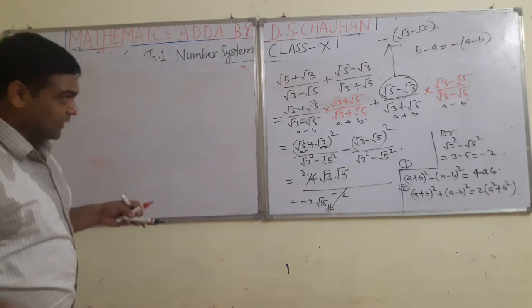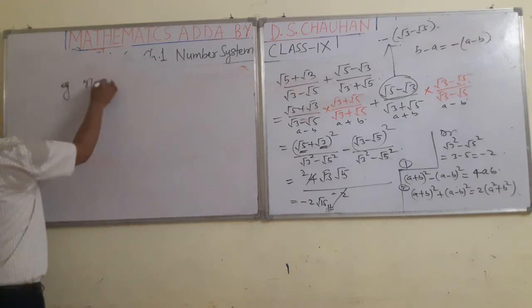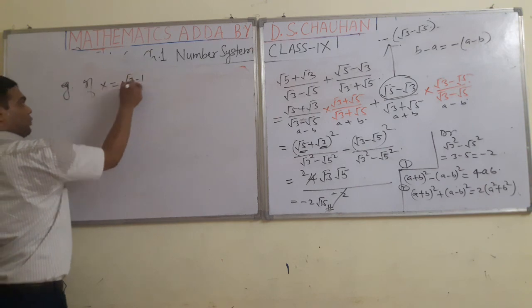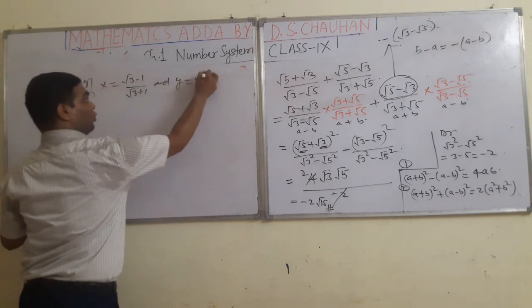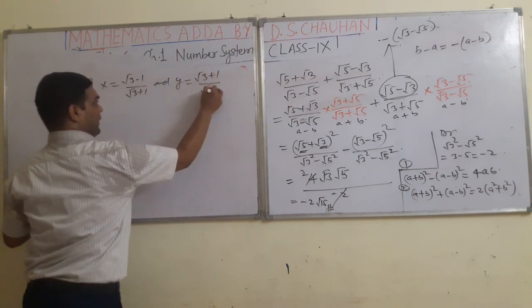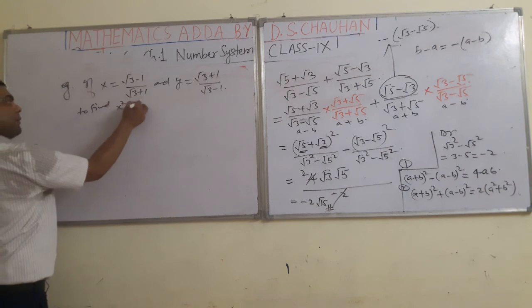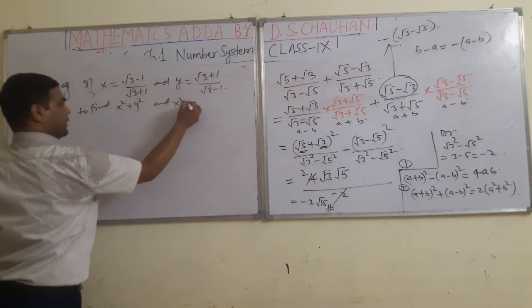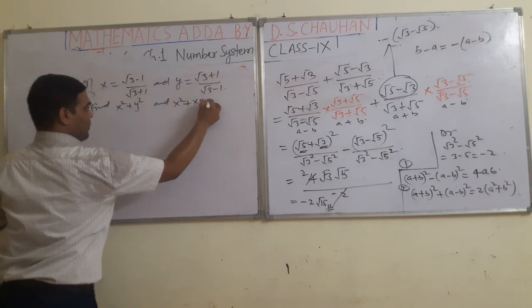See student, what is it here? If x equals root 3 minus 1 upon root 3 plus 1 and y equals root 3 plus 1 upon root 3 minus 1, find x square plus y square and x square plus xy plus y square.